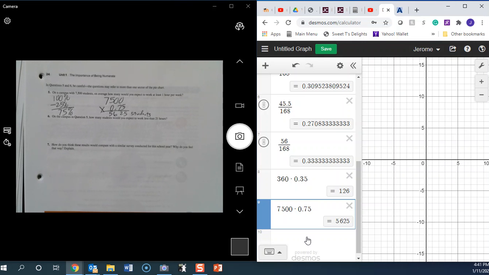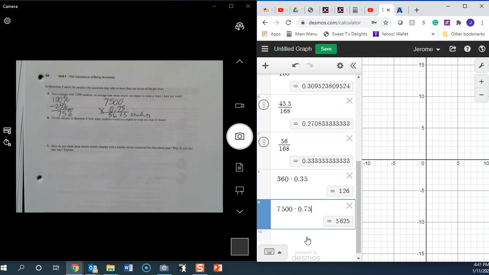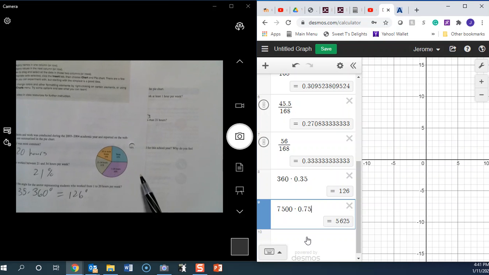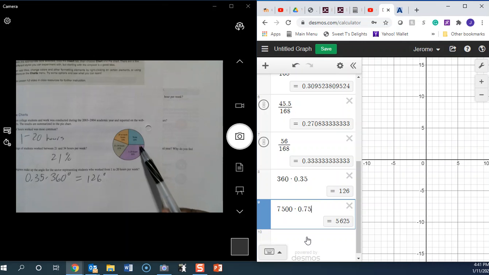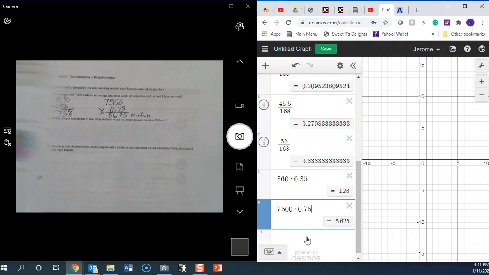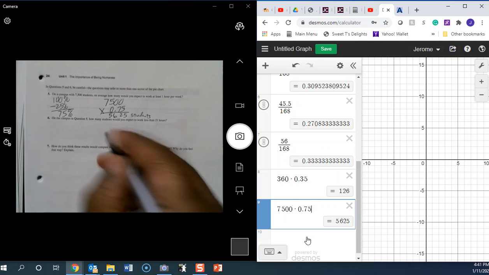Okay, number 6. On the campus in question 5, how many students would you expect to work less than 21 hours? So they want us to look at less than 21 hours. There's only 2 categories that have less than 21 hours. It's the 1 to 20 and the none. So 35% and 25%, we need to add those two together.